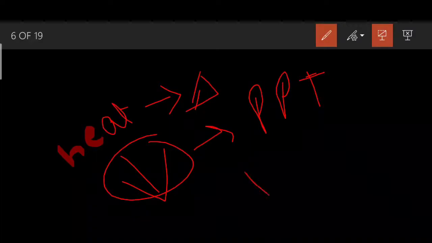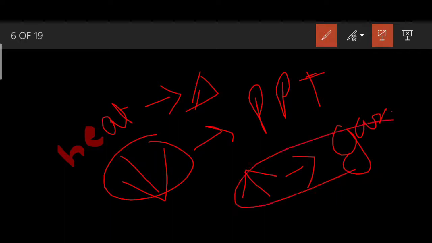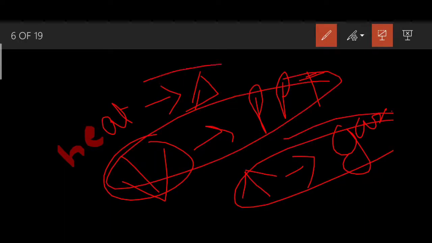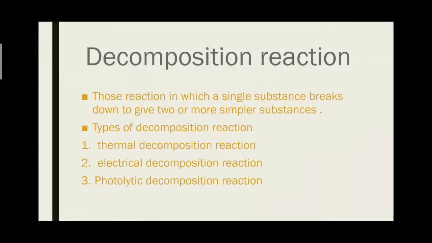And this symbol is of the gaseous state. This represents gas, this represents PPT, this represents heat. So these are the types of reactions in decomposition reaction.